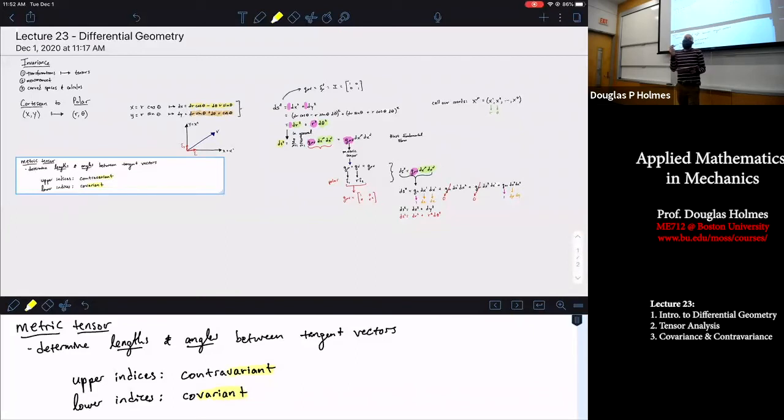If I change that basis and measure velocity in centimeters per second, I would be taking my basis vector and dividing it by 100, going from meters to centimeters.